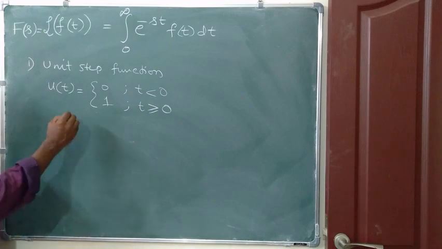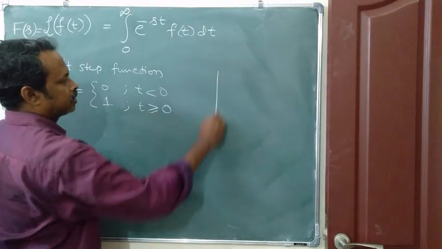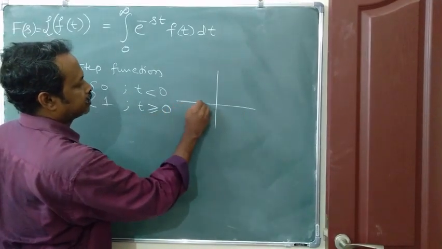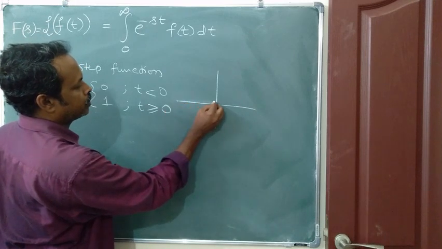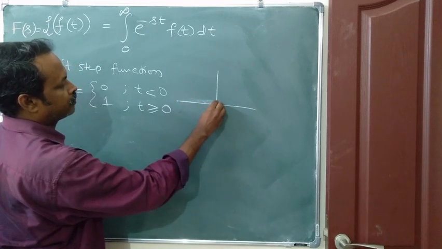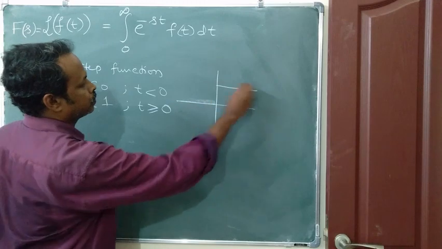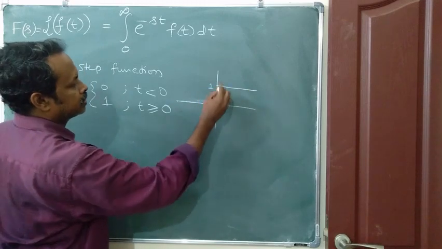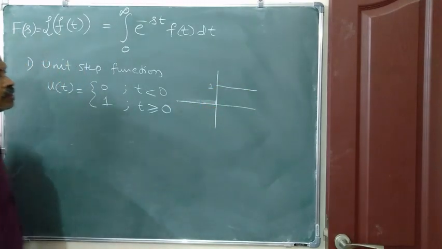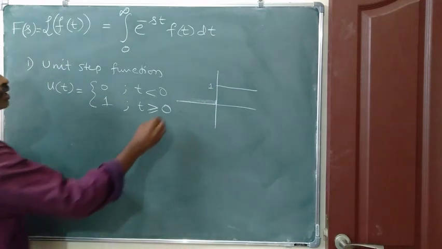If you look at the graph of this function, it will look like this. Up to 0 it is 0 and from there it is equal to 1. So here is 1. This is the graph of the function u of t.